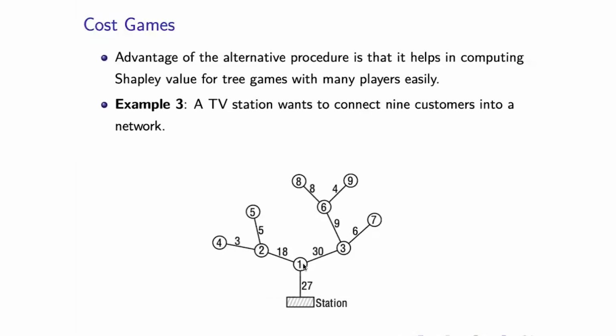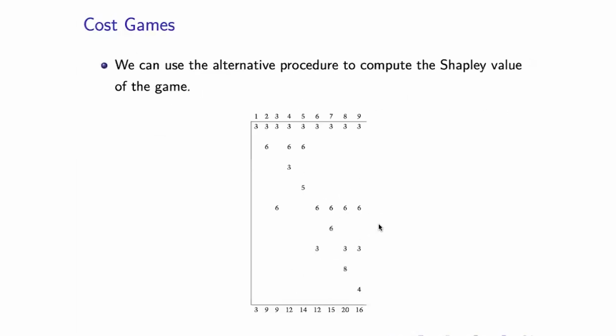Okay, moving on to the right hand side from node 1. The arc that connects node 1 and node 3 costs 30, but this is going to be of use to not only 3, but 6, 8, 9, and 7. So we should divide it among these 5 equally. Again, we will put in 6 against nodes 3, 6, 8, 9, and 7, which is what we have here.